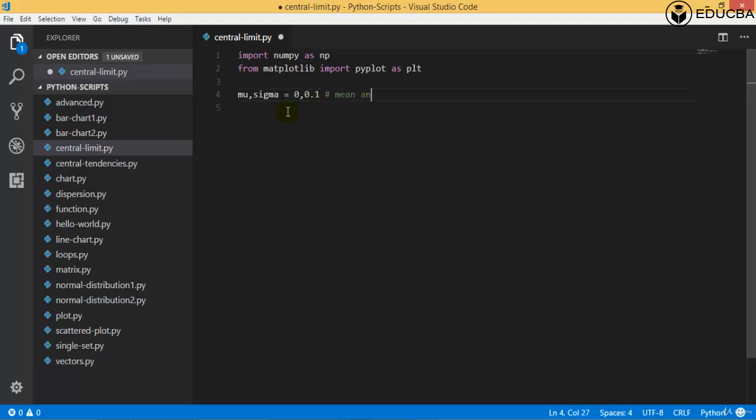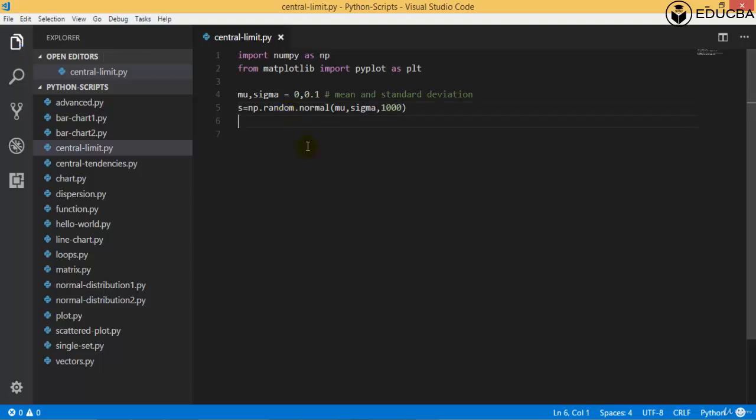with mean and standard deviation. So these values are represented over here, and then comes s equals np.random.normal, and these values will be taken as mu, sigma and 1000.